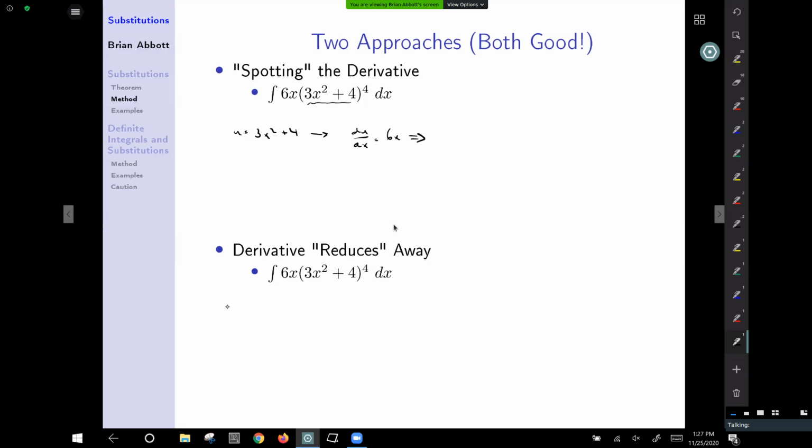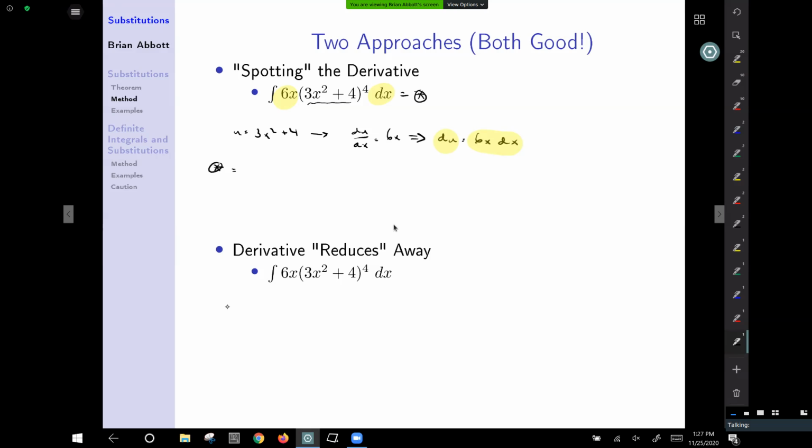But by multiplying both sides by dx, I can put this into that differential form where we have du is equal to 6x dx. But that is cool because 6x dx is the same thing as du. So I can substitute this thing in directly. And making our substitution, we'll call this equal to circle star, and we'll continue circle star down here.